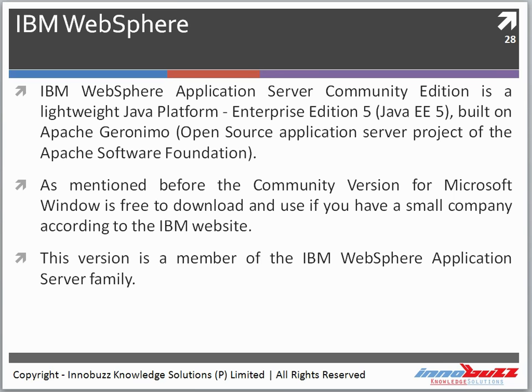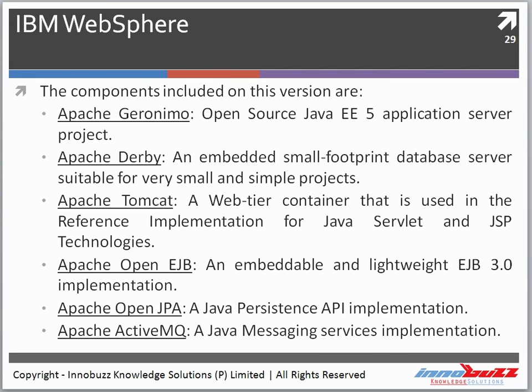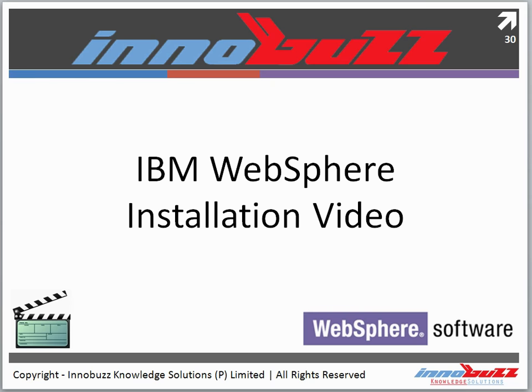Although there is a commercial version, you have also the community version, which is free to download. The community version of the WebSphere includes Apache Geronimo, Apache Derby, Apache Tomcat, Apache OpenEJB, Apache OpenJPA, and Apache ActiveMQ. Take a look at the installation video.